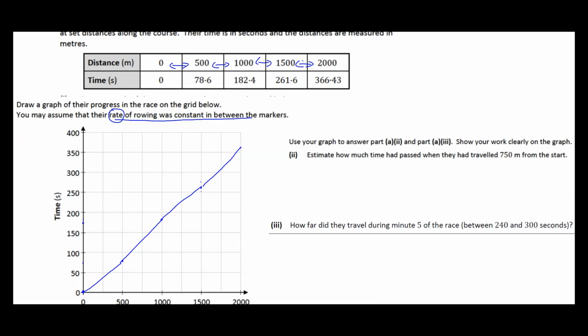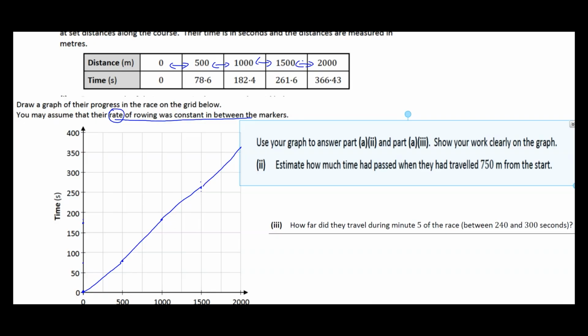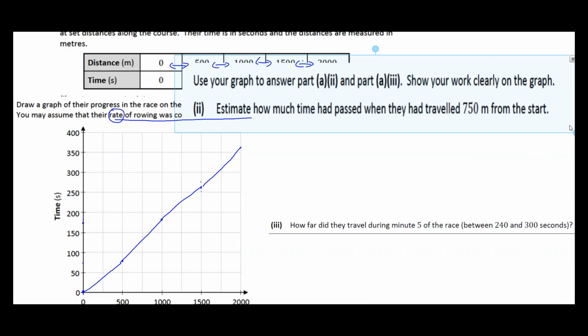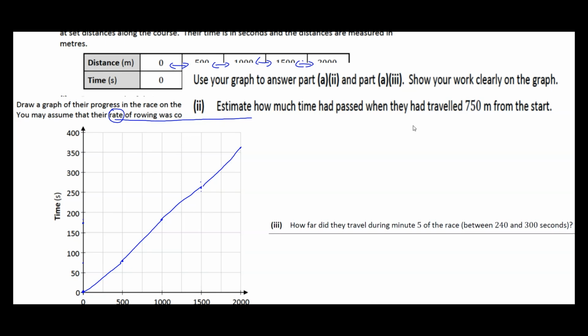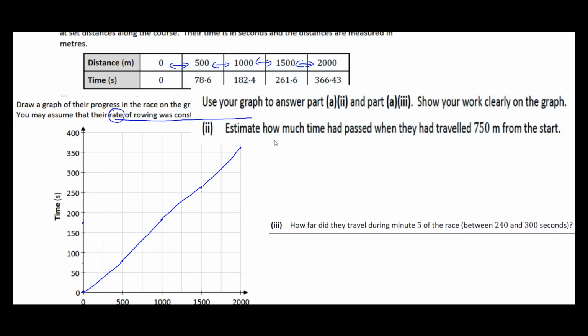Okay, now in the next two parts, we have to use the graph to answer the questions. Let me just make that slightly bigger for us to see. We have to use the graph to estimate how much time had passed when they have traveled 750 meters from the start. So I'm estimating the time. They gave me the distance.